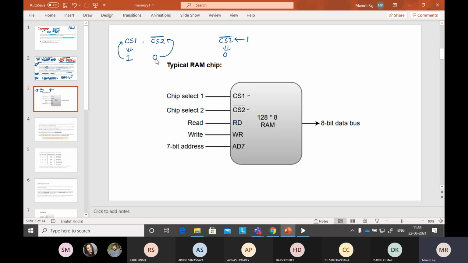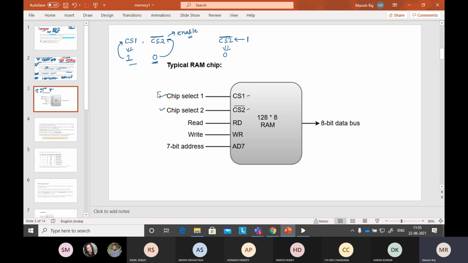If I provide 0 to CS2 bar, then it will be enabled. So this is the enabling condition. To start this chip, CS1 should be 1 and CS2 bar should be 0. Then this chip will start working. Is it clear?